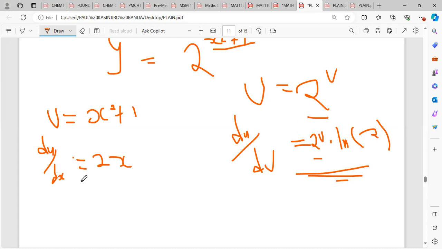So now I have my derivative dv/dx, and here I have du/dv. But my aim is to find dy/dx. To find my dy/dx, I'm just going to multiply the two derivatives that I have.